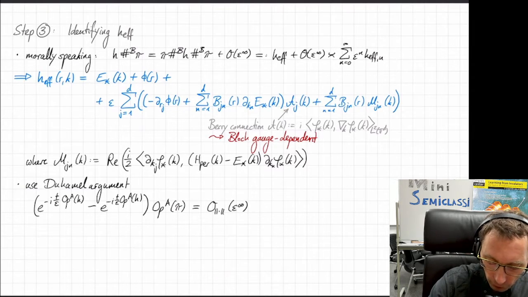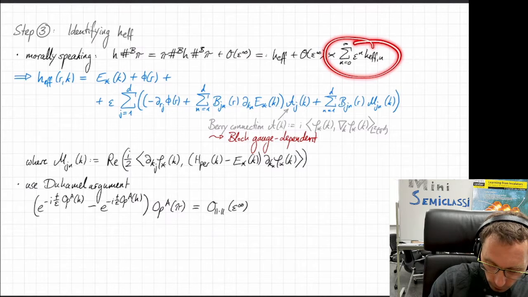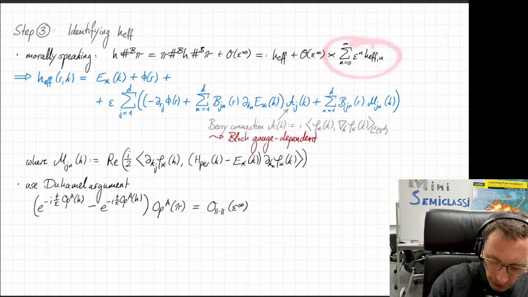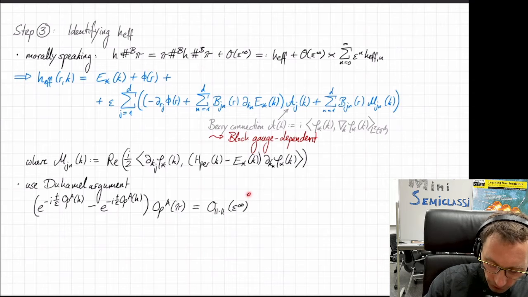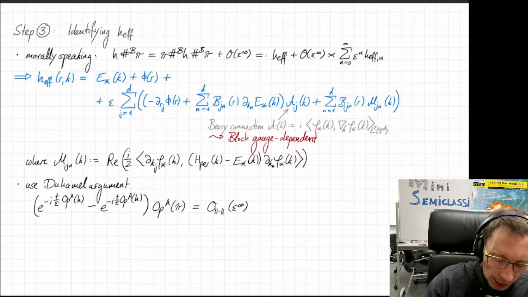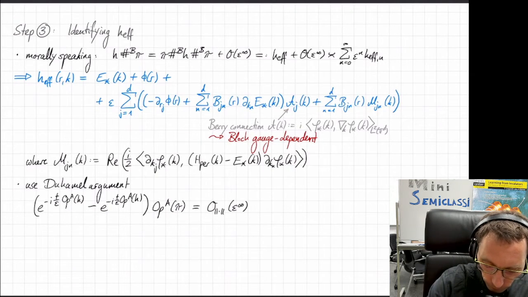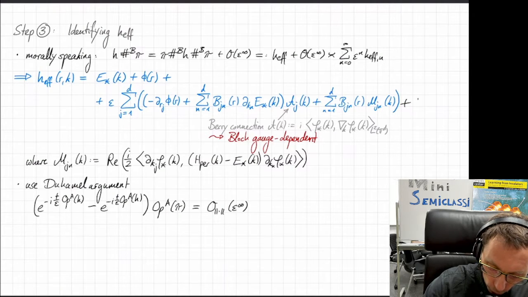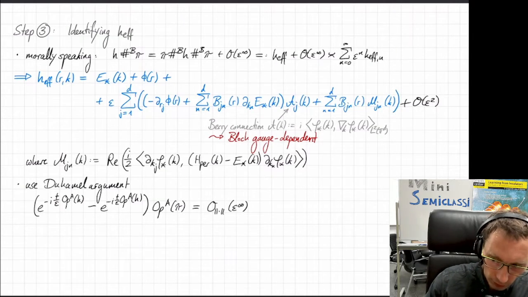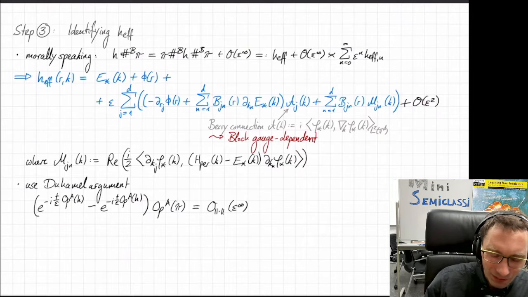Of course, if I truncate this asymptotic expansion, let's say after first order, this error will grow to order epsilon squared, right? Because the accuracy of my Hamiltonian in this case is only order epsilon squared. So if I just use the first two terms, then this is the best I can do. In this derivation, I was skipping over a lot of details.